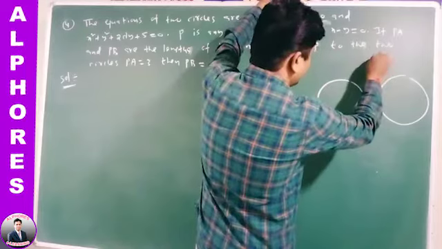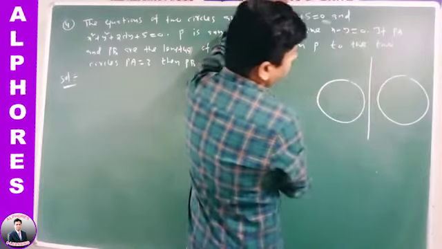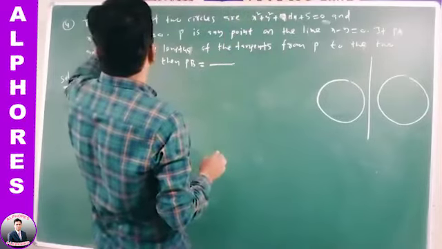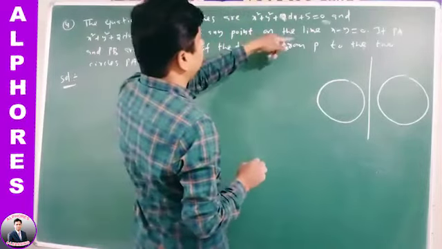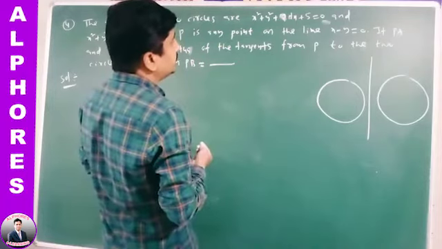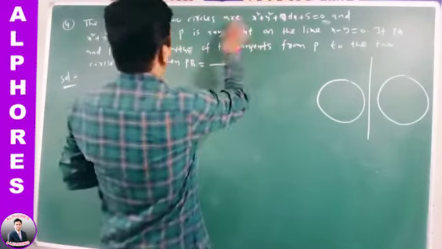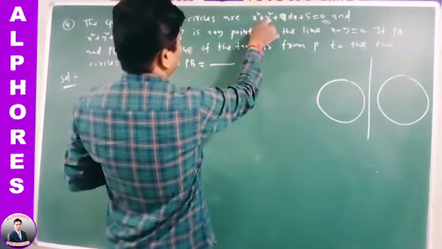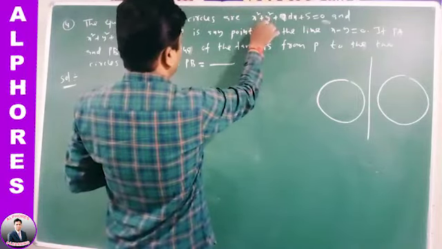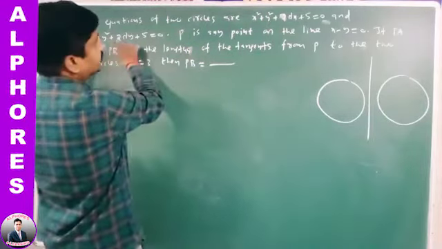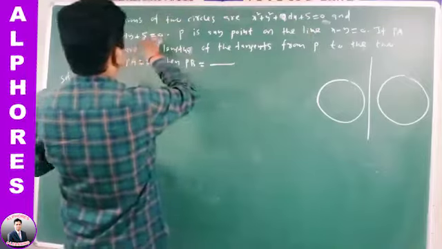Suppose this is the radical axis of these two circles. P is any point on the line x minus y equal to 0, and actually x minus y equal to 0 is the radical axis of these two circles. Clearly, equation 1 minus equation 2: x square and y square cancel, and the constants also cancel.